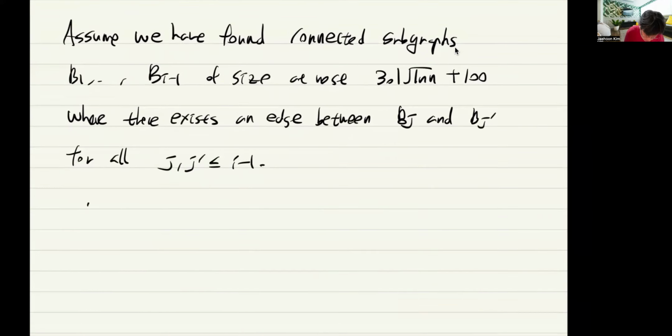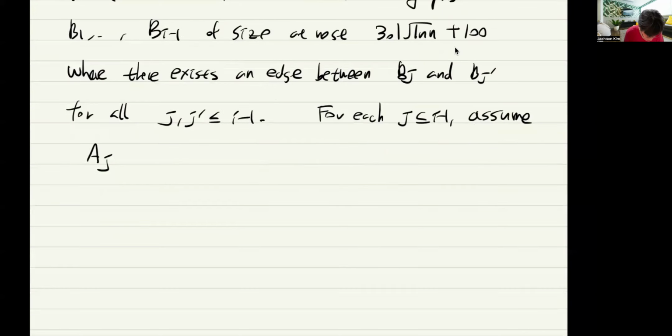And then further, for each j, we further assume that you have Aj, which is a subset of this H1 minus E1 to, say, Bj minus 1.